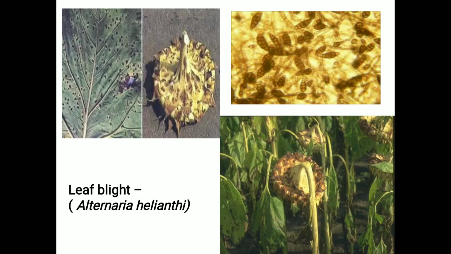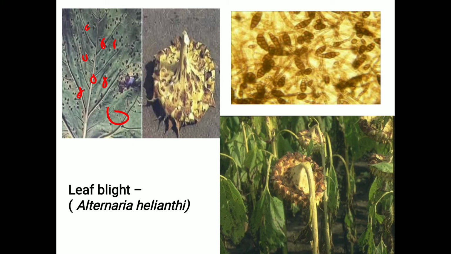Then the next disease is leaf blight, which is caused by the fungus Alternaria helianthi. Blight, as we know, means a burning appearance. The plant shows a burning appearance. Here brownish to blackish spots are observed on the leaves, sepals and petals.